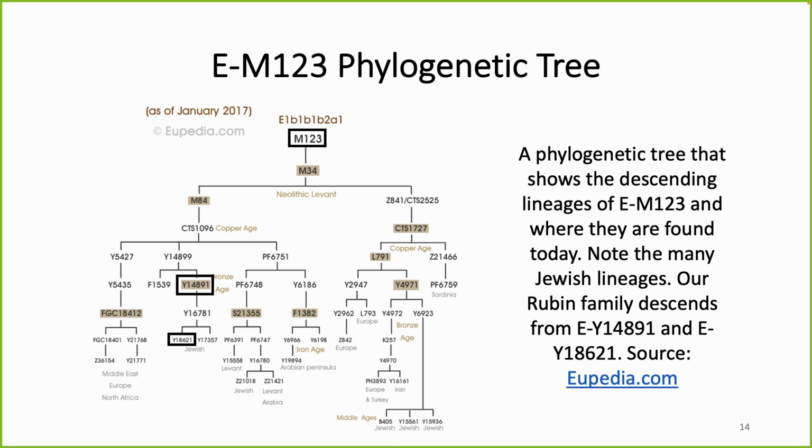Guess what? One of the members of the Erfurt community was part of this branch here on the right-hand side. They were part of this Jewish branch. Again, a pretty distant relative to the Rubin line, not part of the Rubin line, but one of these Jewish lines was represented in the community.